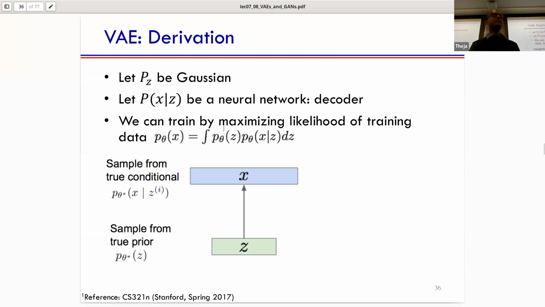So we're going to do some tricks so that we can work with a slightly different objective. That objective can be maximized, or the negative of that objective can be minimized. When we minimize the negative of that objective, it looks exactly like the reconstruction error plus a loss on the Z space, and that loss involves the KL divergence term.